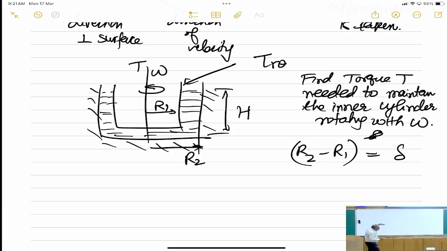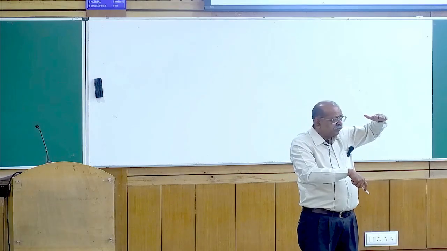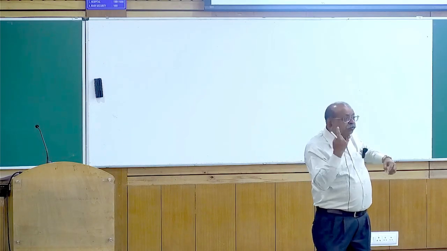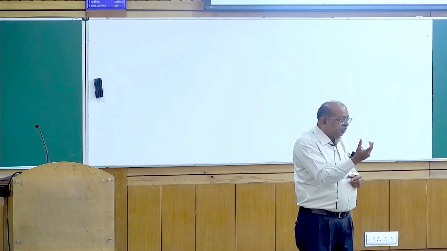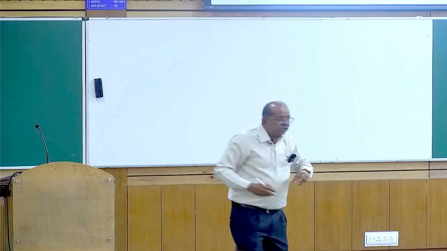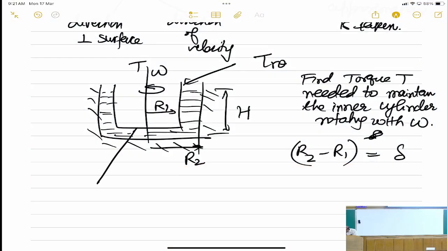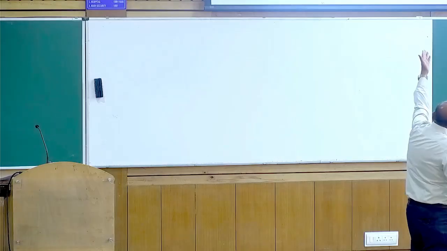When you do the same analysis for the bottom, what is the direction perpendicular to the surface? It is z. And which is the direction of velocity? Theta. So for the bottom surface you are talking of tau z theta. Is that clear? You have to do the analysis for the two surfaces, using the same relation.